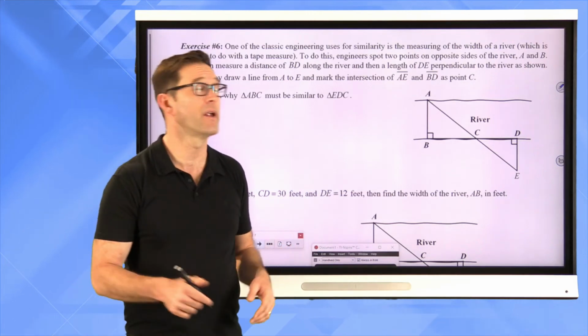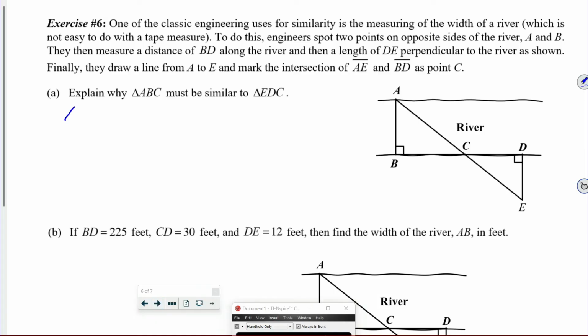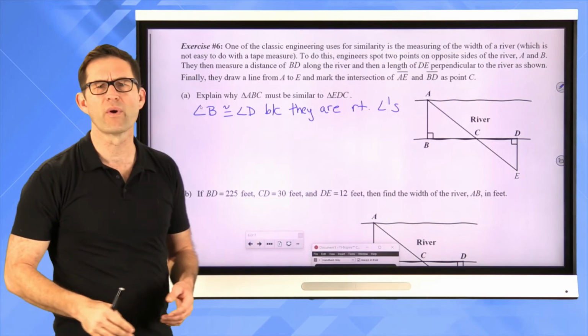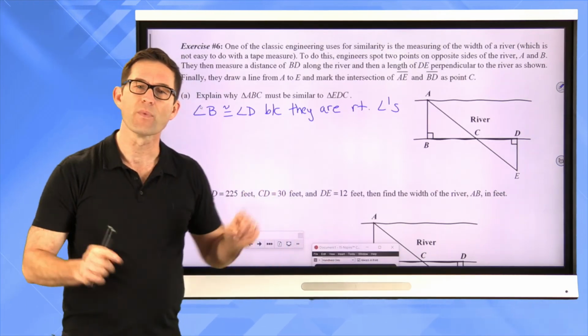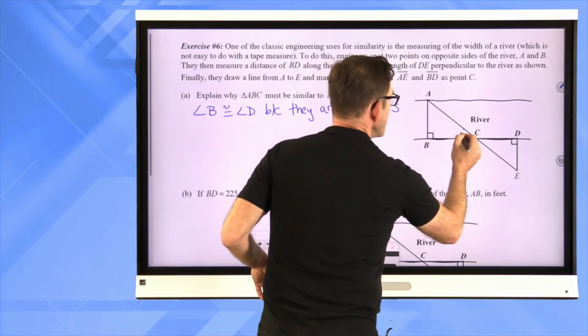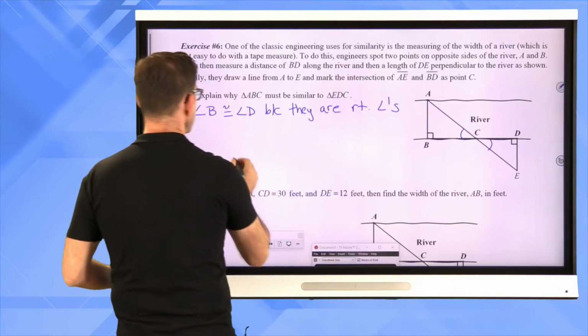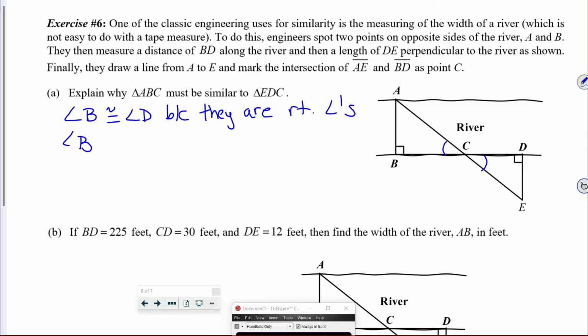All right, well, it's simple enough, right? Here we go. Angle B is congruent to angle D because they are right angles, right? So first off, B and D are right angles. There they are. But we also know these two angles have to be congruent. So angle BCA must be congruent to angle DCE.